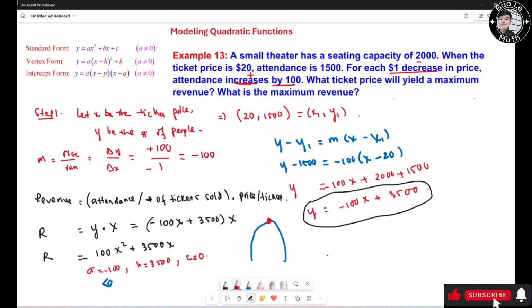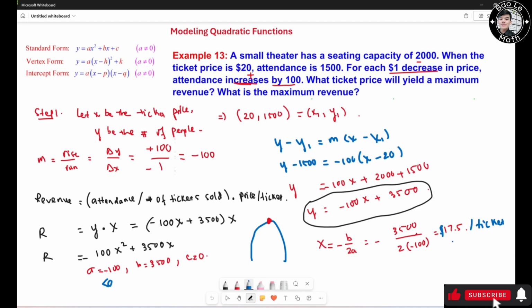And then I know the s value of the vertex should be negative b over 2a, because this is the standard form, right? So negative b, which means negative 3500, over 2 times a, where a equals negative 100. Alright, so it turns out to be 17.5, right? Price is $17.5 per ticket.